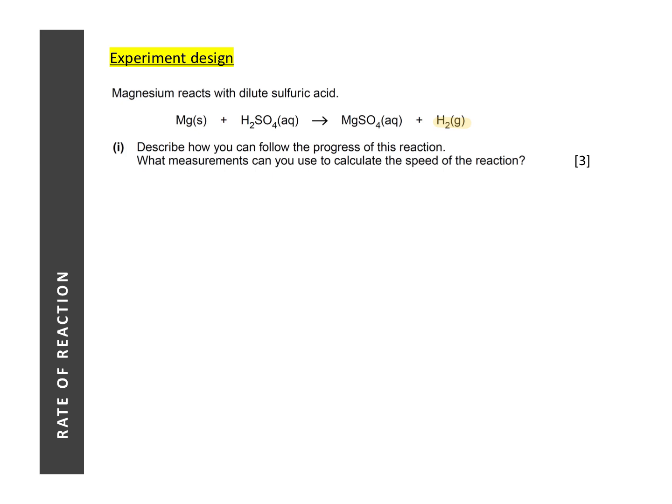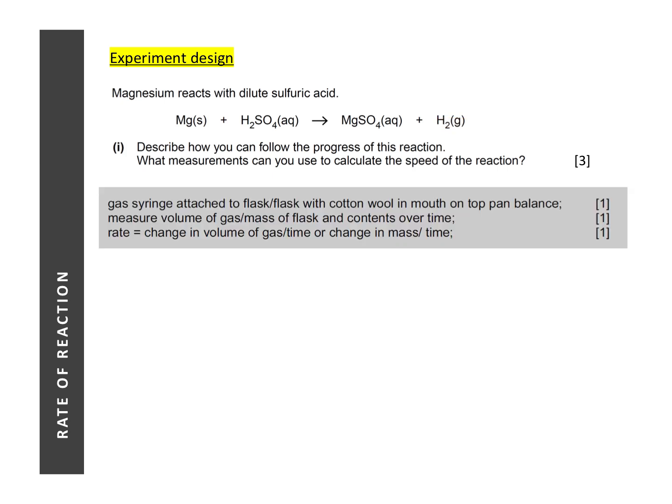As described earlier very extensively, when you have a reaction that produces a gas, there are two methods for measuring the rate. The first method involves measuring the volume of gas produced with time. The second method involves the monitoring of the change in mass of your reaction mixture over time.